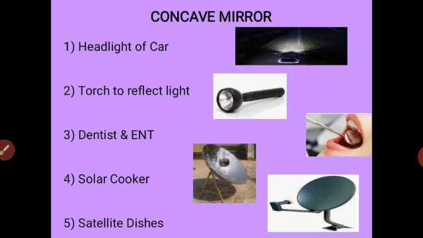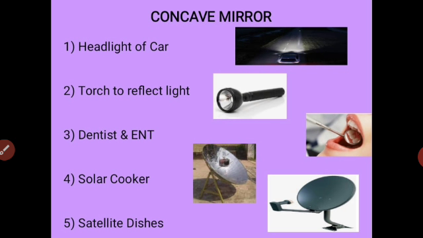The reason is, let's go back to the sixth case of image formation in concave mirror. We have seen that when the object is held very close to the pole, that is, when the object is held between the pole and the principal focus of concave mirror, the image formed is virtual, erect and magnified.